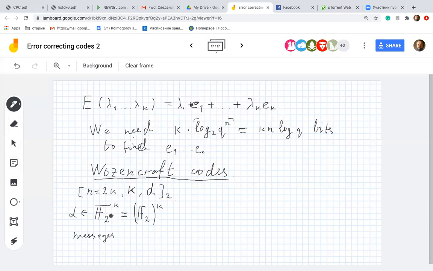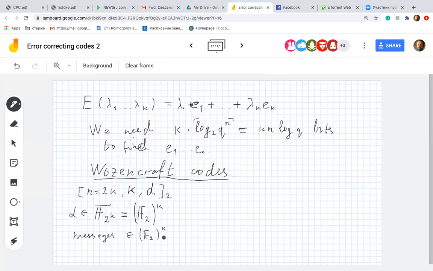So messages are elements of F2 to the k.